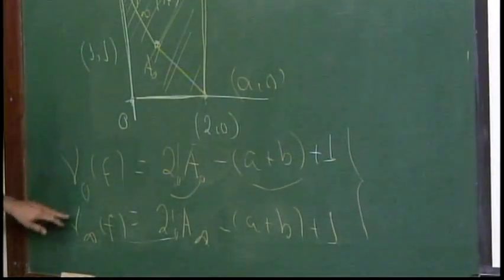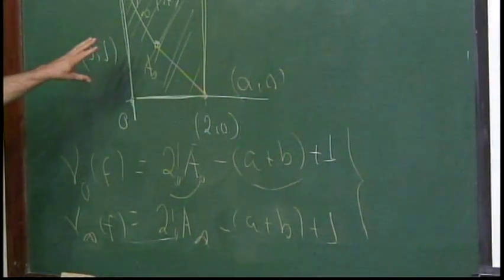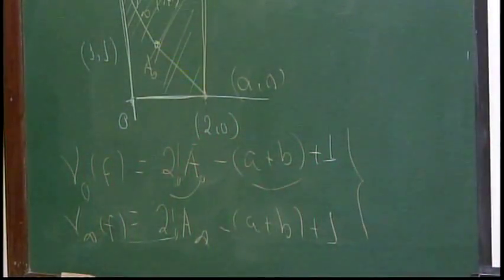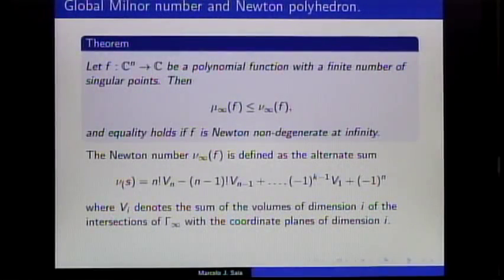Two different numbers because you have two different Newton polyhedra, only because of this. The definition is the same as the Newton number. I used the index infinity and 0 just to differentiate the local from the global.